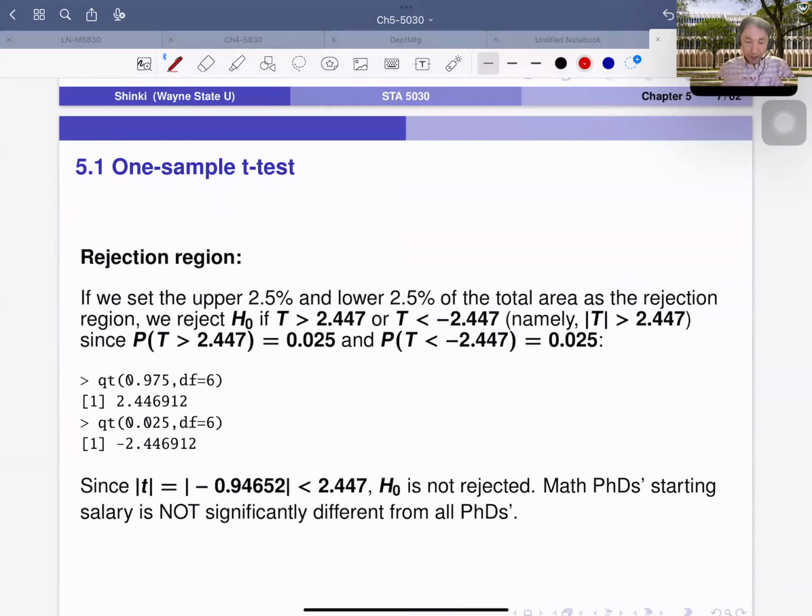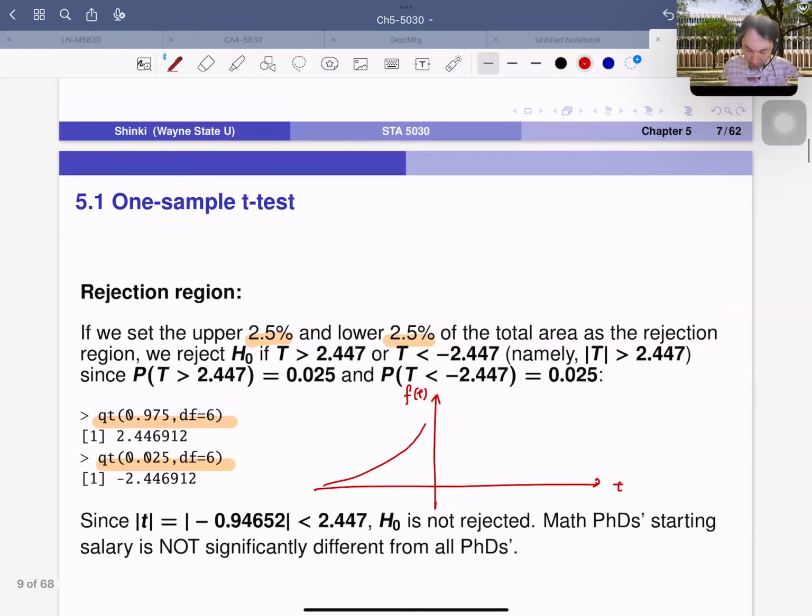To be exact, what is the threshold value to reject H naught? That is the lower 2.5 percentile and the upper 2.5 percentile. If you use the qt function to identify those, the thresholds are plus or minus 2.446. We have the t value, and this is the probability density function.